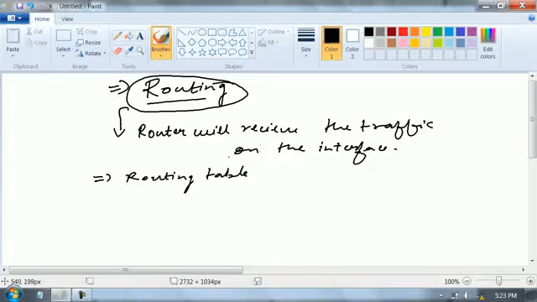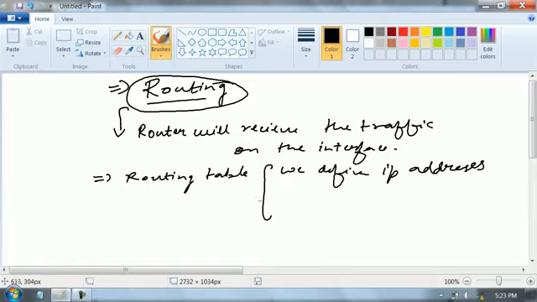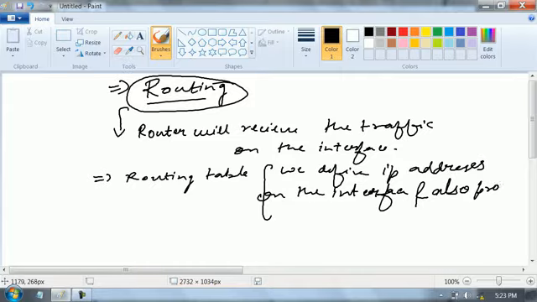How? The thing is, we define IP addresses on the interface and we also provide a subnet mask.